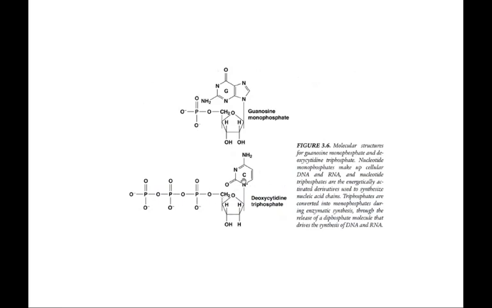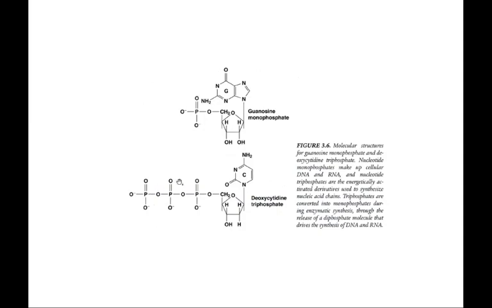If there is a base, cytosine, over here, and there are 3 phosphate groups at position number 5, we call it cytosine triphosphate, so CTP.